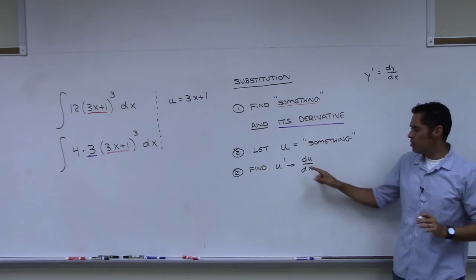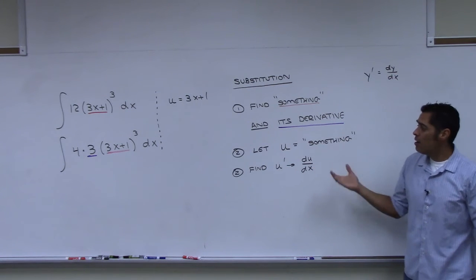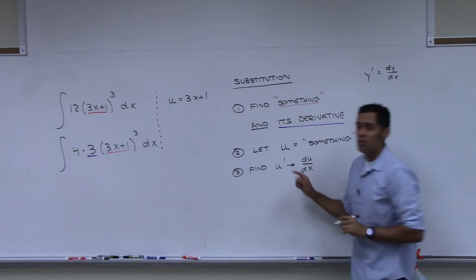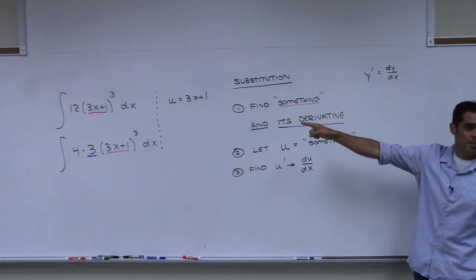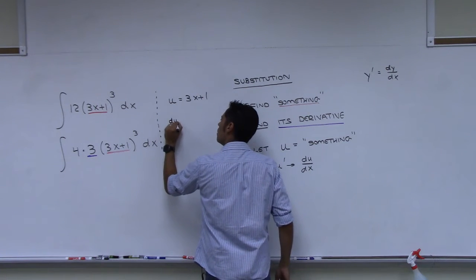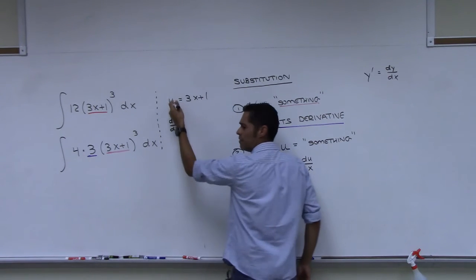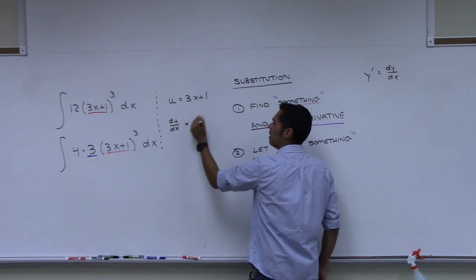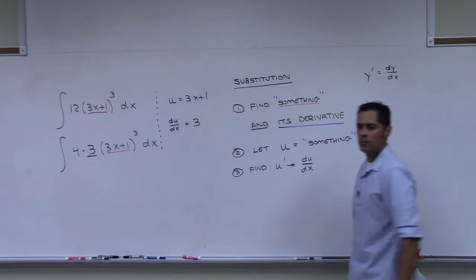We're just using u instead of y. So now, this is step 3: I'm going to take the derivative of that substitution. du dx is equal to, what did we say the derivative of this was? 3, right?